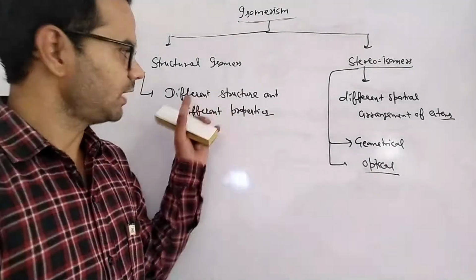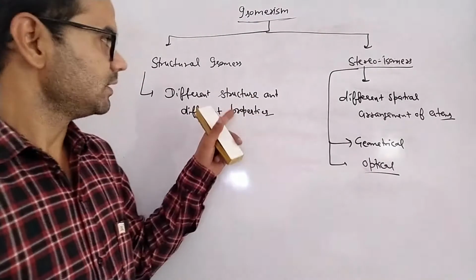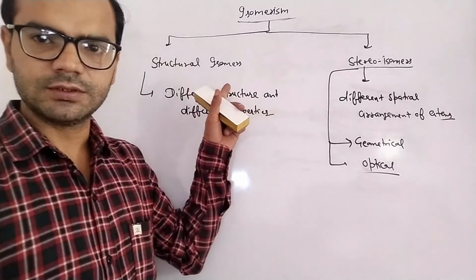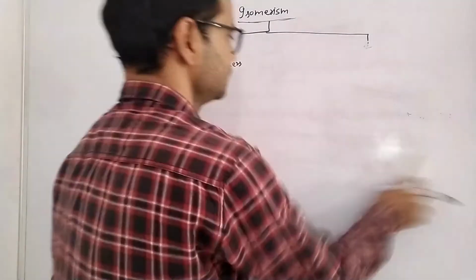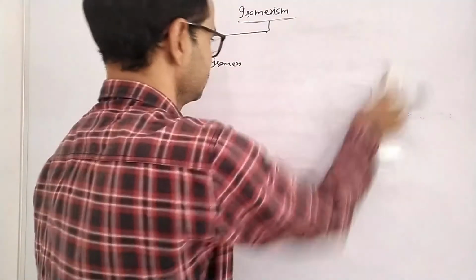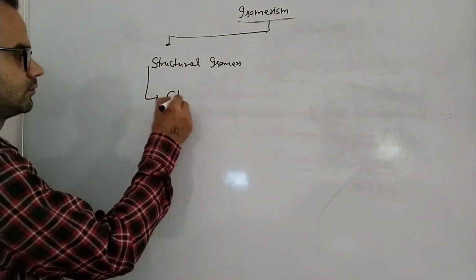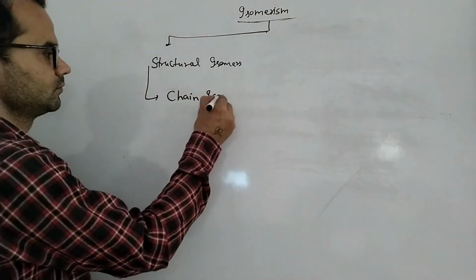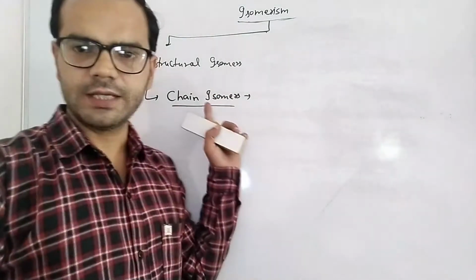Different structures, and those structures possess different properties. That is under structural isomers. So first we have chain isomers.